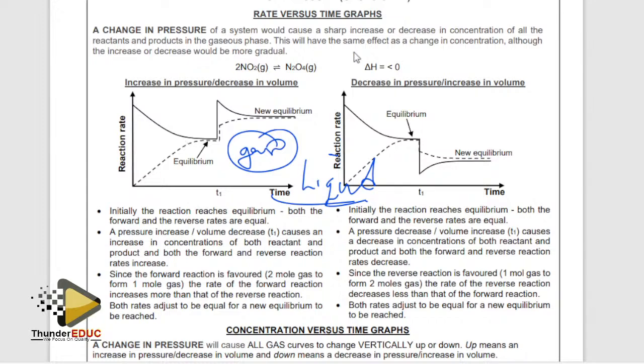For example, if this is 2 moles and this is 1 mole, when I increase the pressure here, what is going to happen to the 2 moles? It means that the volume is going to decrease. You understand? Then the particles are going to come closer, and the reaction is going to speed up.